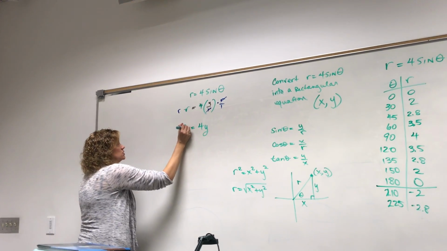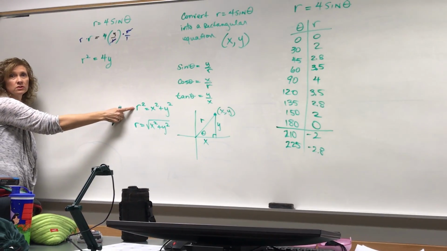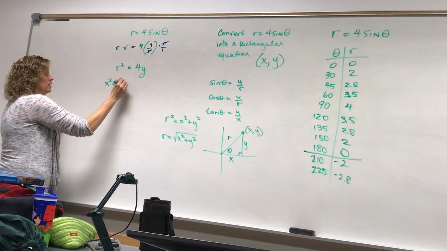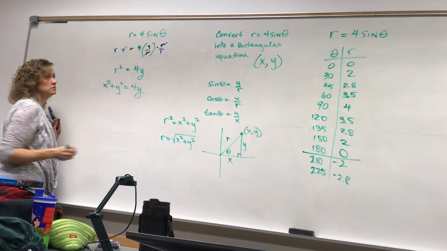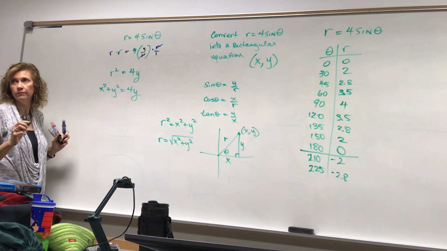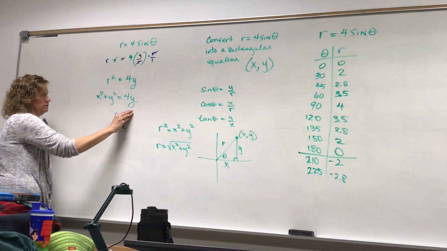And over here I get r squared. And I'm so excited about r squared because I know r squared is x squared plus y squared. And how do you know when you're done? If all you have are numbers, x's and y's. I'm fine with you leaving it like this.